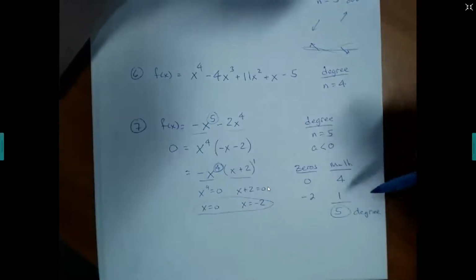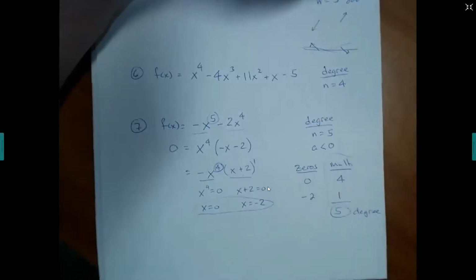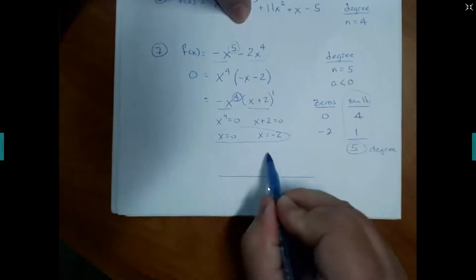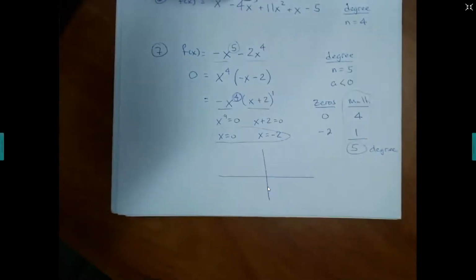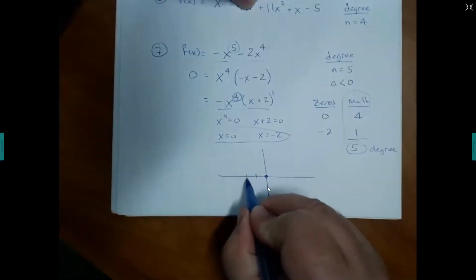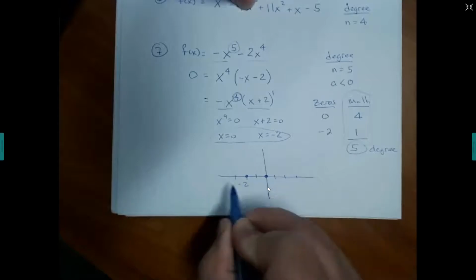So what can you tell me about this graph, since we have the multiplicities here? If we drew the graph, we knew we would have at 0 and at -2 our x-intercepts, our zeros.